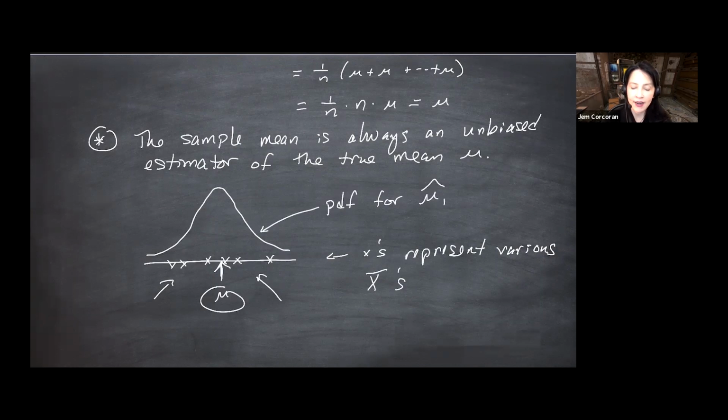But if I had another estimator, mu2 hat, its PDF might be like this, which is kind of not centered in the right place. That looks biased, but way more predictable. Small variance, which is the next big property we want for estimators.